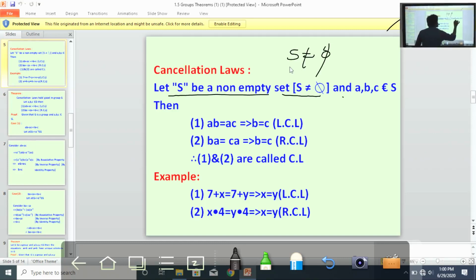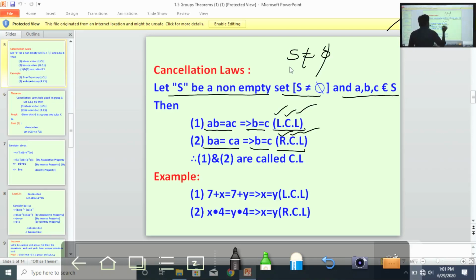Take any 3 elements A, B, C belonging to S. Then if AB equal to AC, then B equal to C. This property is called LCL, left cancellation law. Second property, if BA equal to CA, then B equal to C. This is RCL, right cancellation law. So 1 and 2 are called cancellation laws.